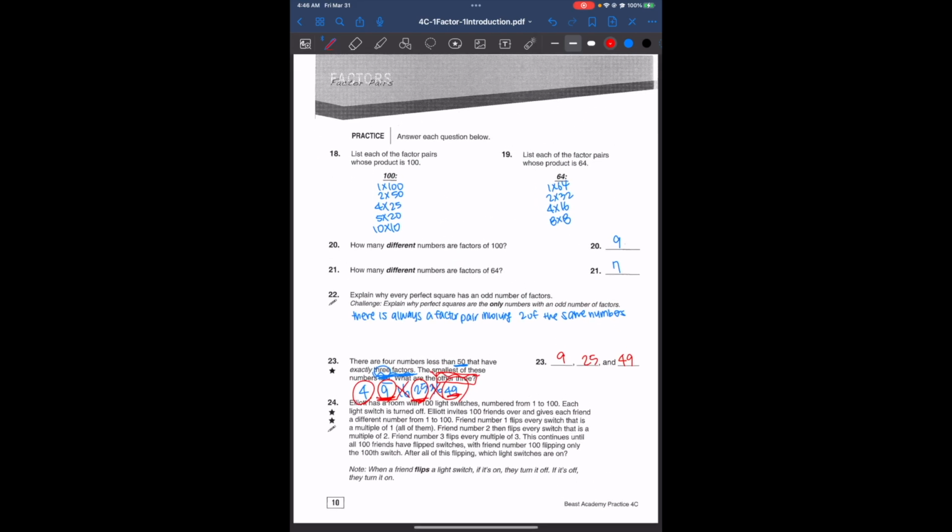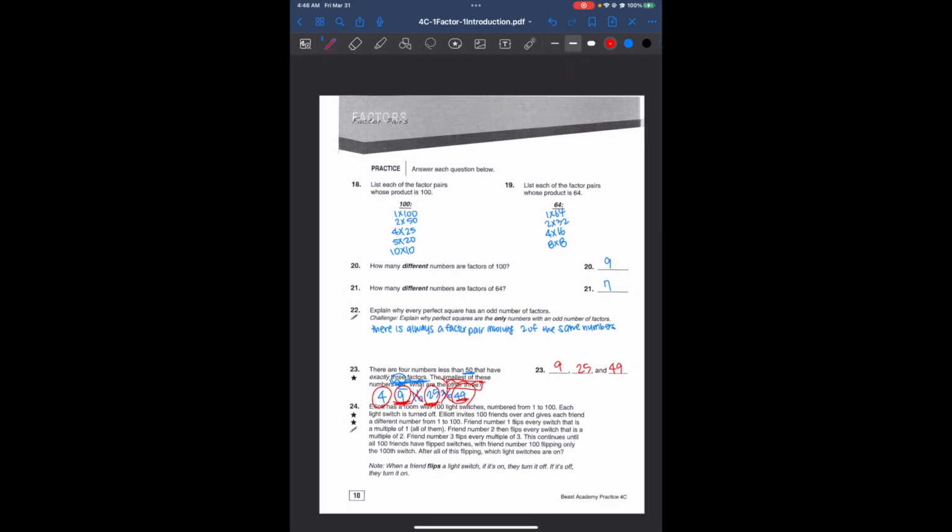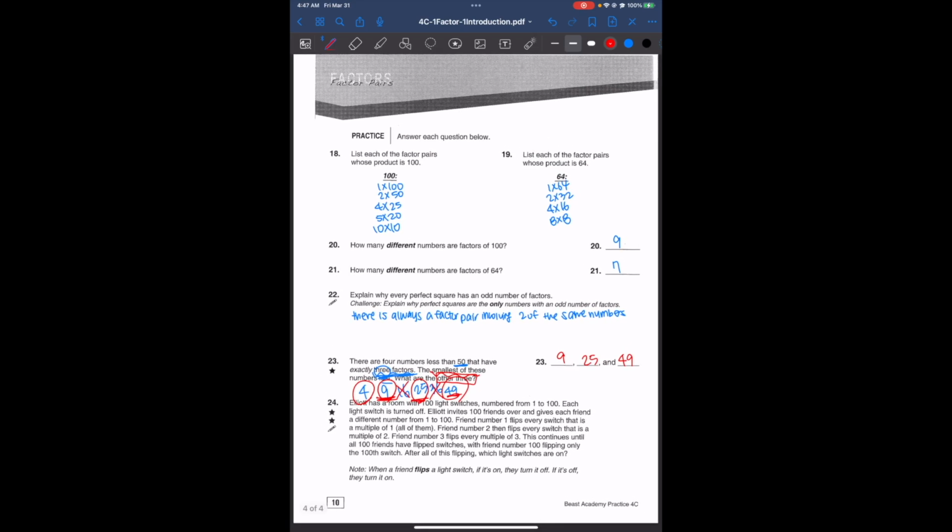Now we have our last problem. Elliot has a room with 100 light switches numbered from 1 to 100. Each light switch is turned off, and Elliot invites 100 friends over and gives each friend a different number from 1 to 100. Friend number 1 flips every switch that is a multiple of 1, so all of them.